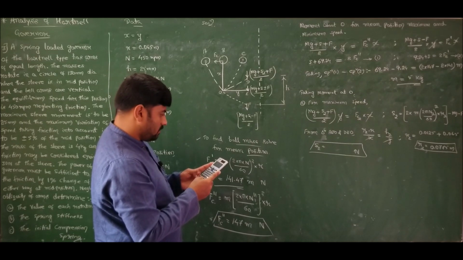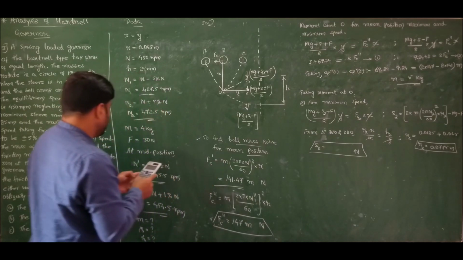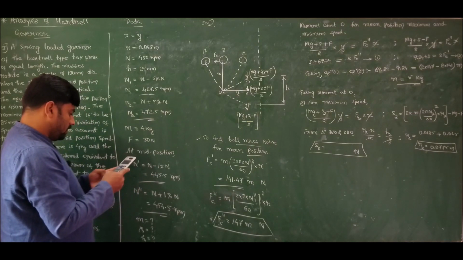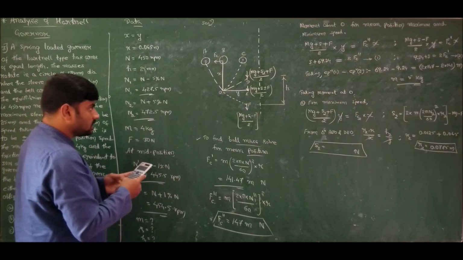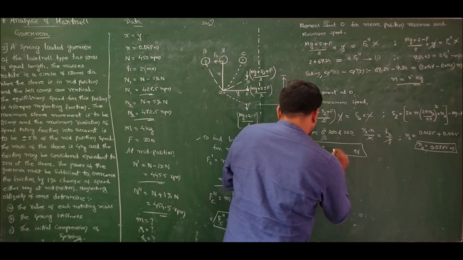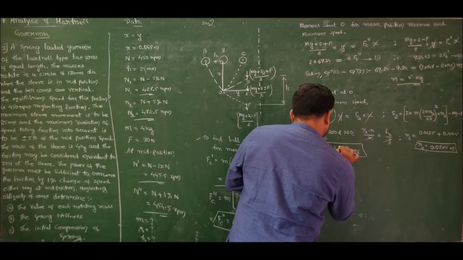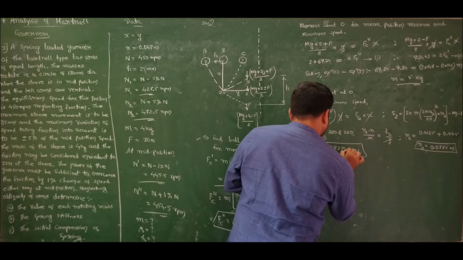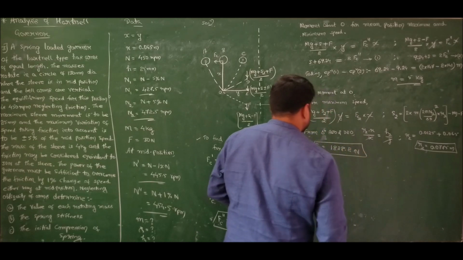This answer minus mg. M is 4 kg into 9.81, minus F is 30 newtons. So therefore S2 is certainly going to be 1828.2 newtons.